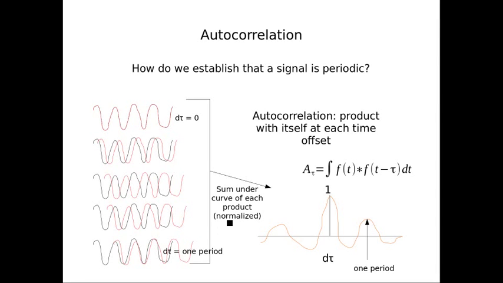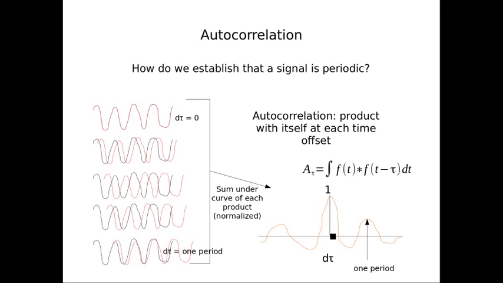So if we plot all of these sums as a function of d tau, we expect to see something like this. At the center, d tau equals 0, the sum is the highest. Then it begins to decrease. It becomes negative when the signals are anticorrelated, and when we reach one period, there's another peak.